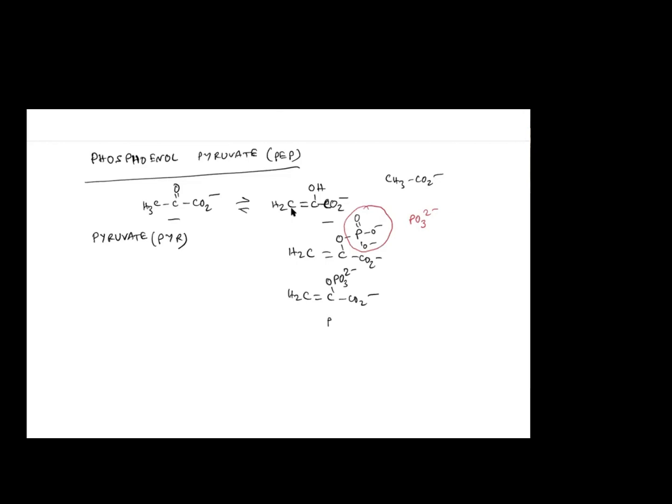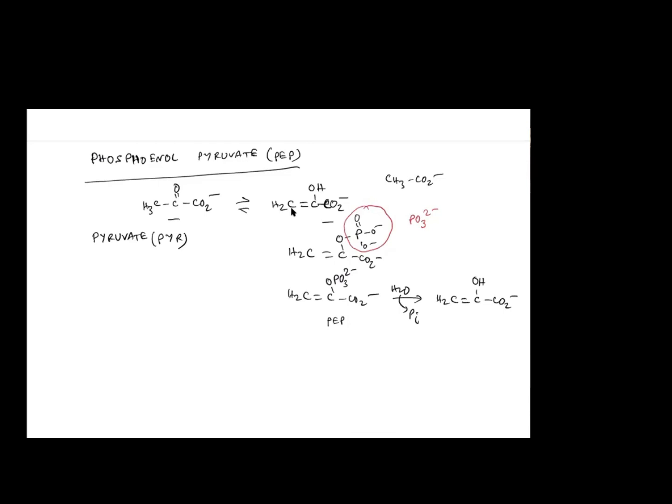Okay, this is PEP. So this is an even higher energy compound, even higher than ATP. So if you hydrolyze it, you're going to have water, and PI is going to leave. We get this OH and CO2 minus. So that's the enol form.